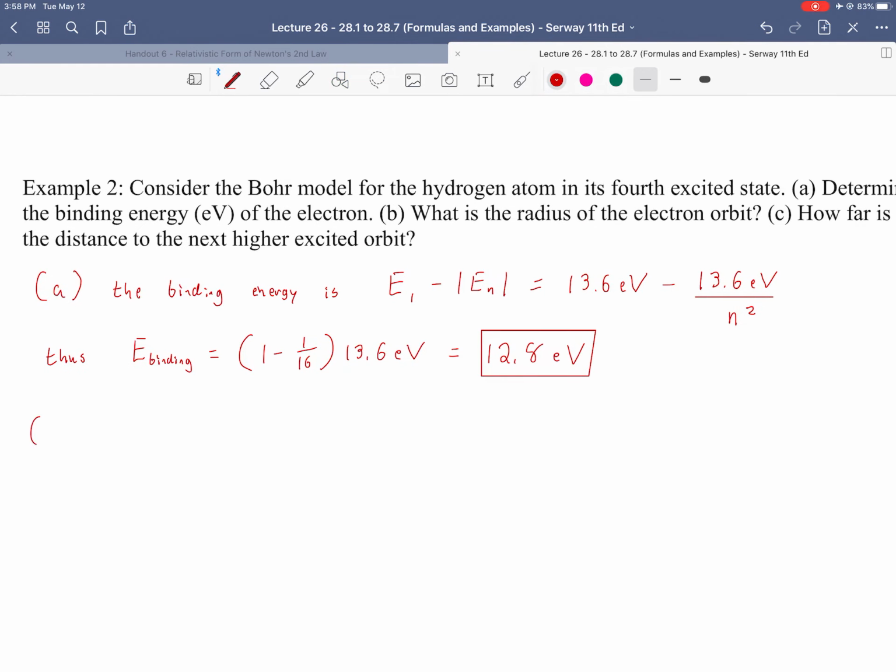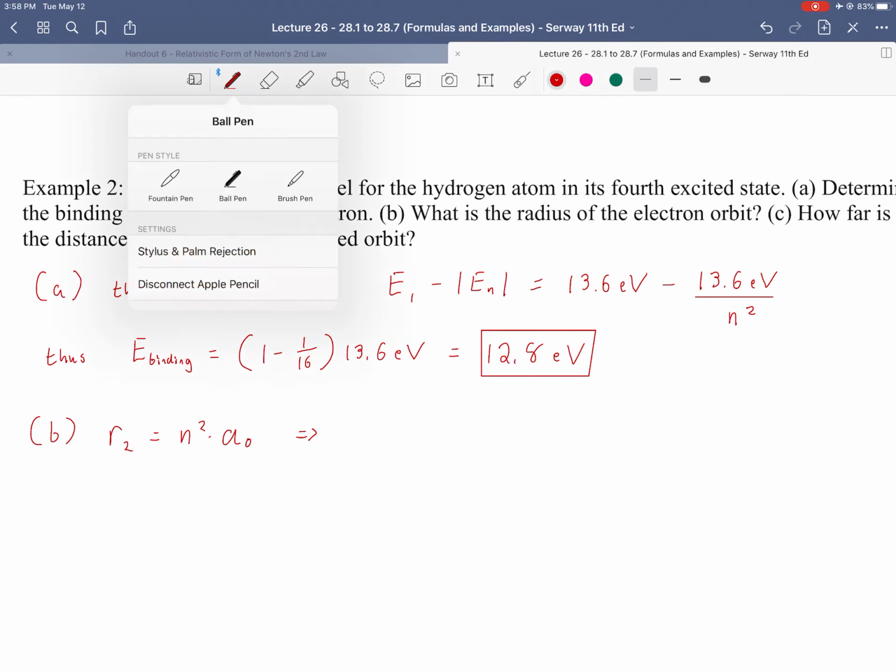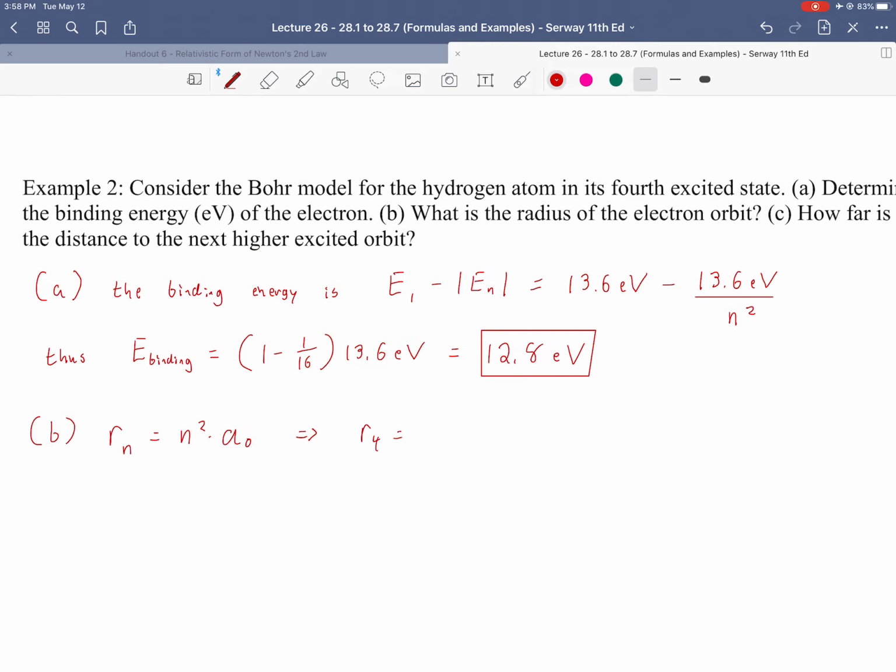Okay, and then we're asked for the radius. Okay, so that one's pretty straightforward. So R for n equals 4 is R4, and first of all, Rn is n squared times the Bohr radius.